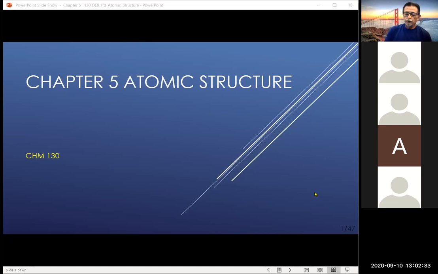We got from J.J. Thomson, Chadwick and Rutherford that the atom's model had a nucleus where the proton and the neutron existed, and then the electrons were someplace around the nucleus. So this chapter gives us an insight as to how the electrons are placed around an atom.